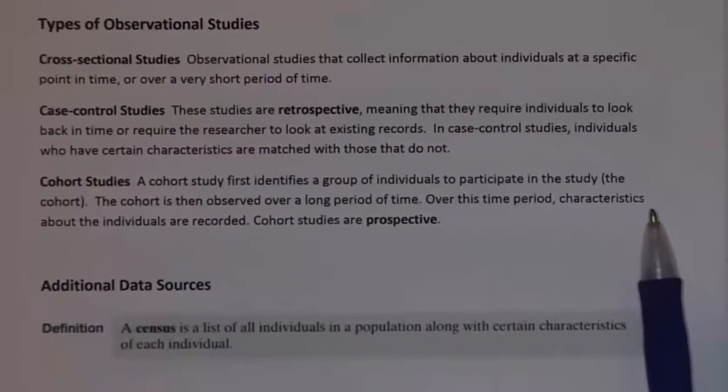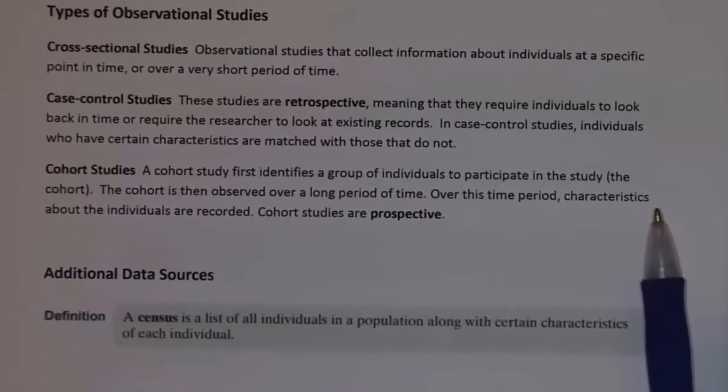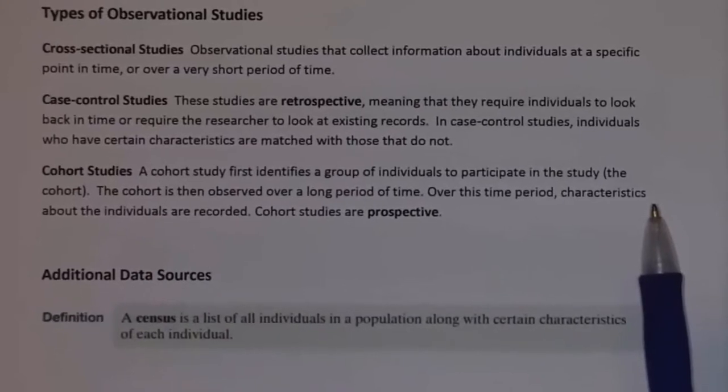So basically, the way I think of a case control study compared to a cross-sectional study is that in a case control study, you probably have a set of individuals who have some common characteristic, like maybe they have a brain tumor. And so you look at this group of individuals who have this common characteristic, and you try to look back retrospectively at their life to maybe try to figure out why.